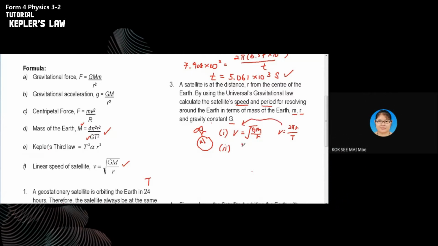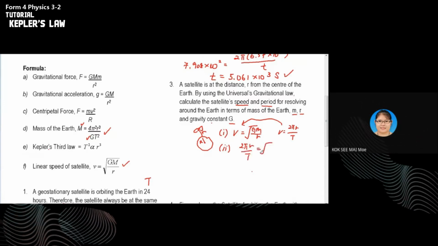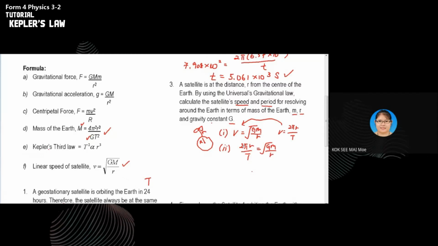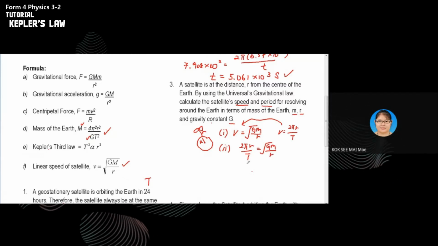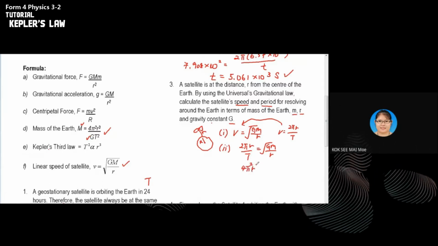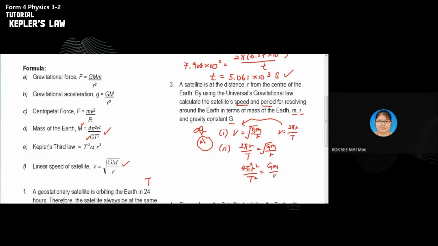So you just put 2 pi R over T equals square root of GM over R. Now you do your calculation. Square both sides, so 4 pi square r square over T square equals GM over r.